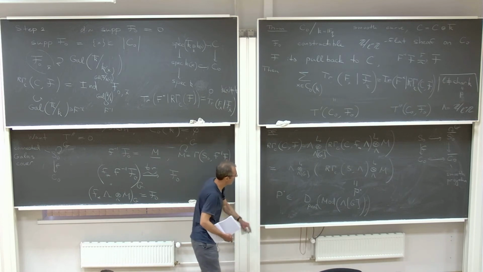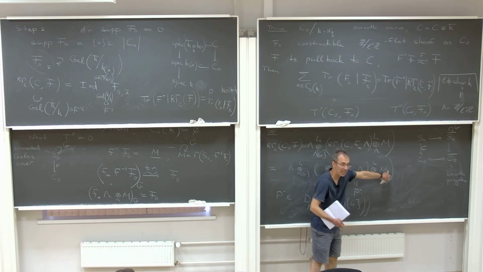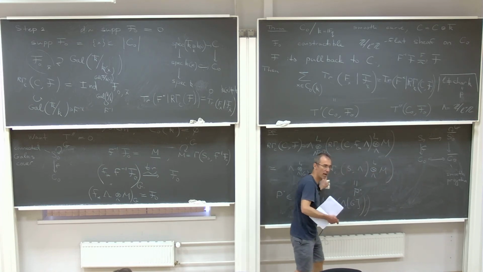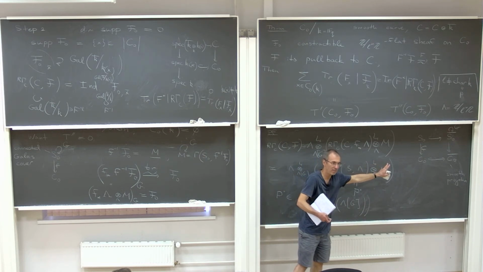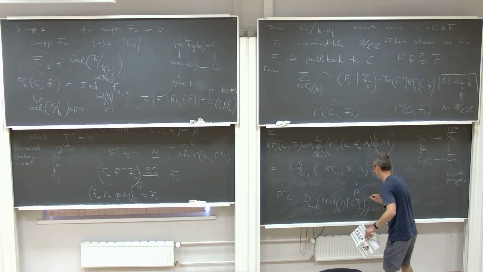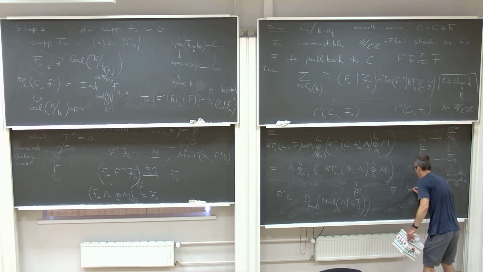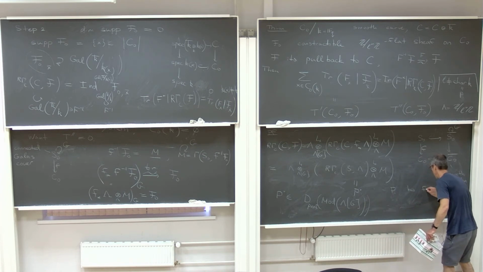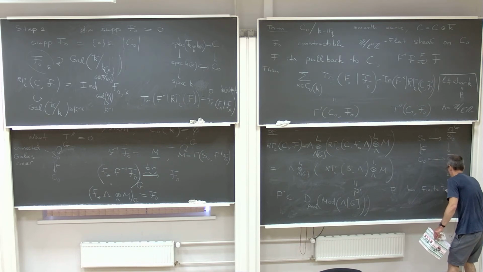What does it mean, finiteness of Tor dimension? It means that if you tensor it with any N and take coinvariance, derived coinvariance, then you get homology only in finitely many degrees, right? So I claim that this P has finite Tor dimension.